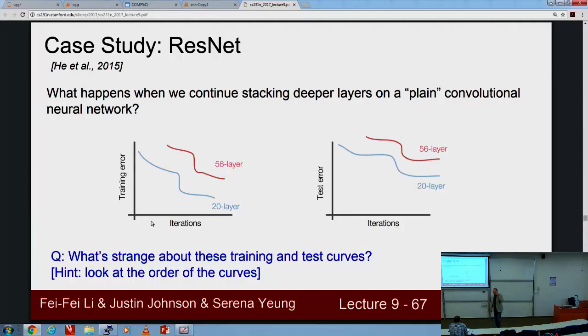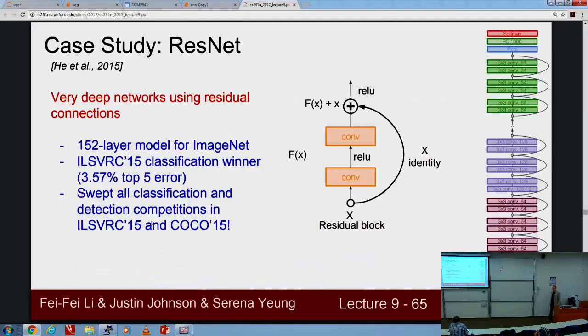And then, if you think about it, what did I just say? If I'm a 56-layer network, I should be able to replace 36 of my layers with the identity function, and the rest, the 20 layers, should be able to do as well as this. Now, look back at the ResNet architecture. It gives you the ability to turn this whole block into an identity function very easily. If I set all my convolutional weights to 0, this block is the identity function.